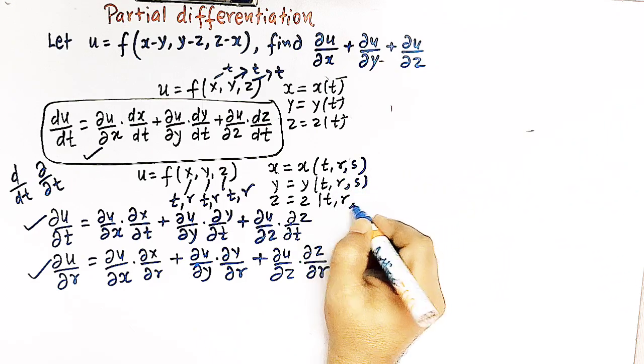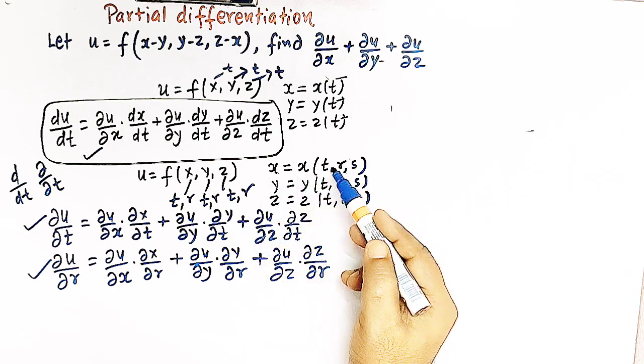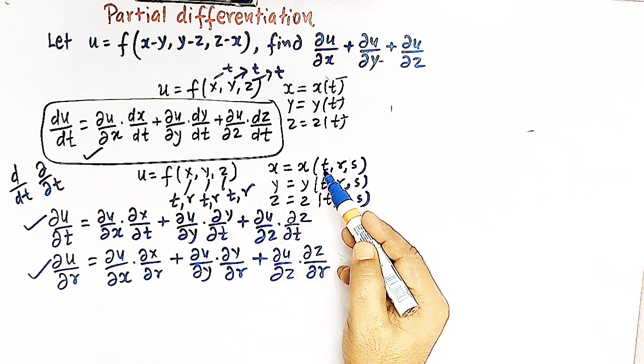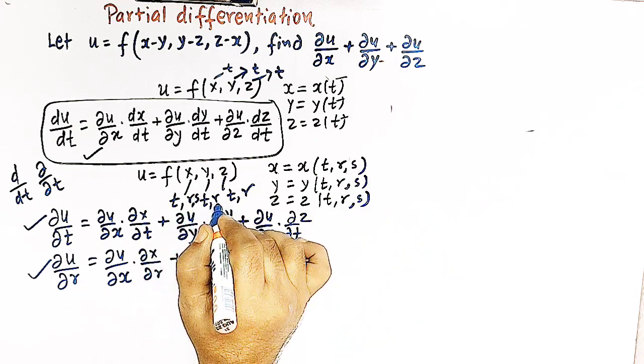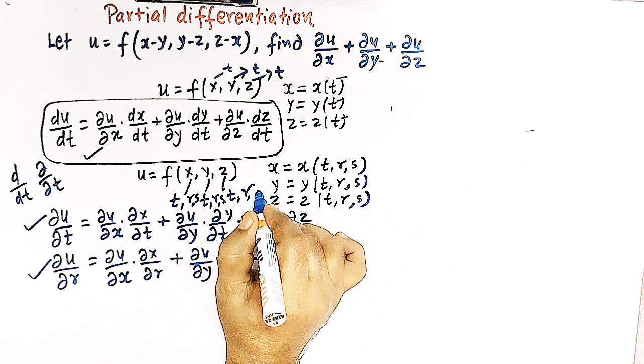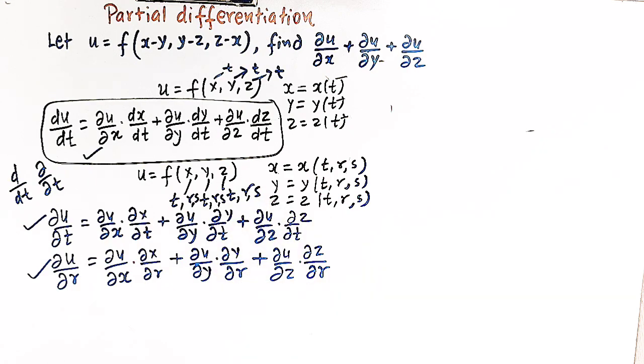And here x, y, and z are functions of three variables, t, r, and s. And here we have s, here also we have s, and here also we have s, right? So now in this case we have three expressions, right?